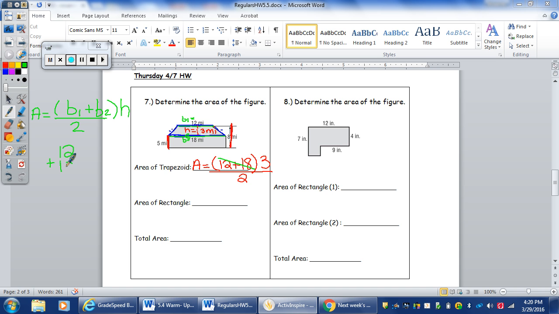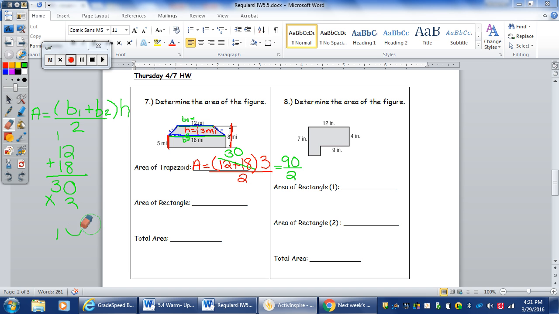So 12 plus 18 is 30. Then the next step, after I add, is to multiply both bases by my height. So I'm going to take 30 and multiply it by 3. And I get 90. Then the last step is to take the 90 and divide it by 2.